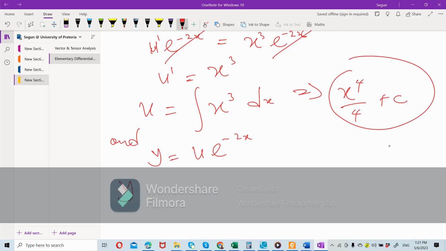So we now have y equal to exponential minus 2x times x raised to power 4 over 4 plus c. That is our general solution.